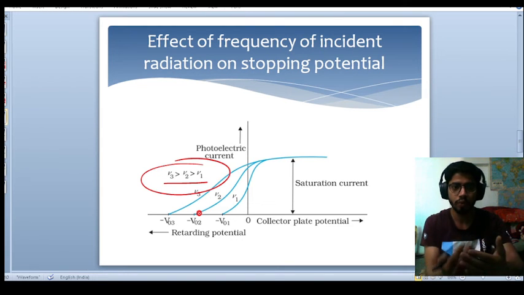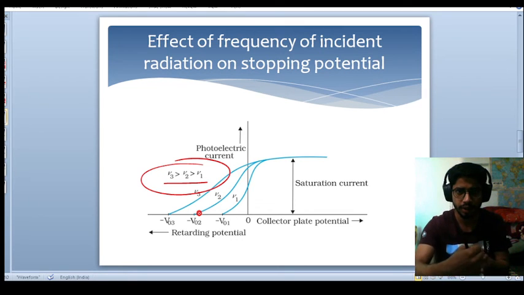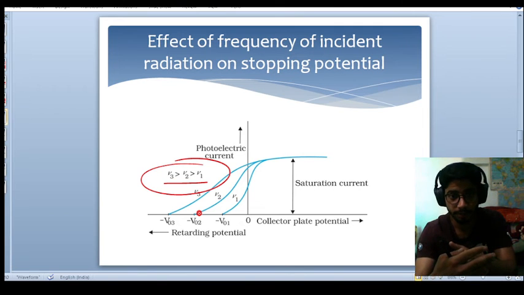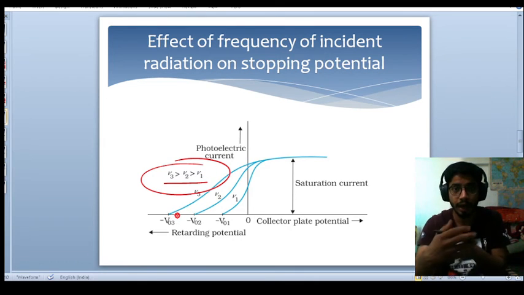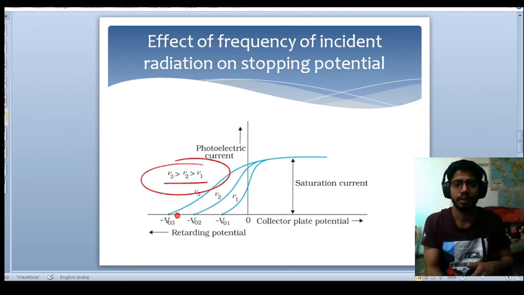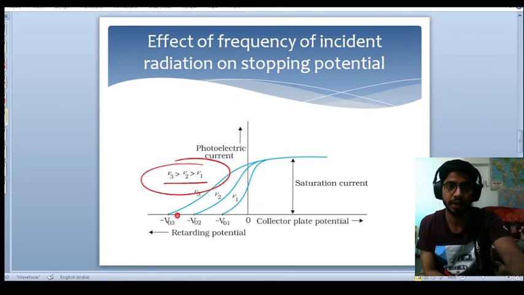So we have to provide the retarding potential in the opposite direction to stop the electrons from coming to the detector plate. If the frequency is greater, we have to provide more retarding potential.